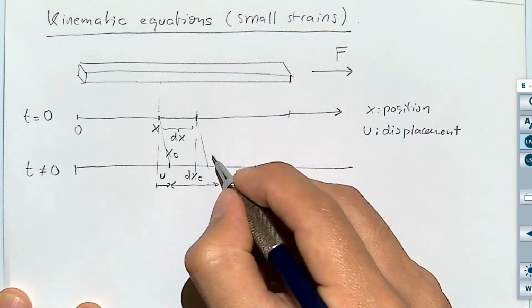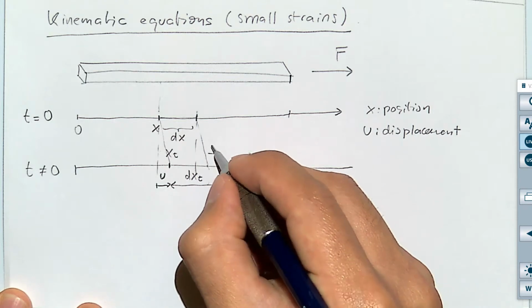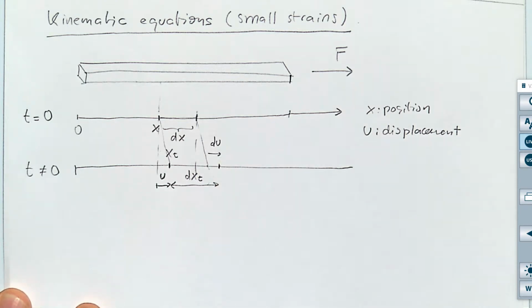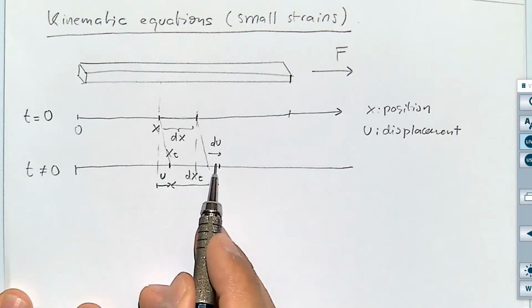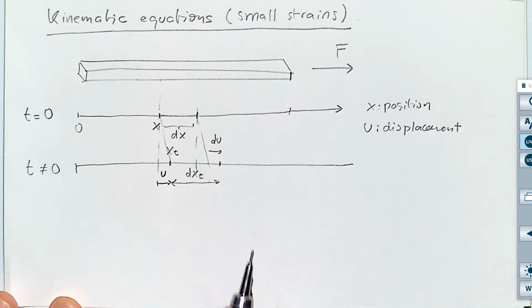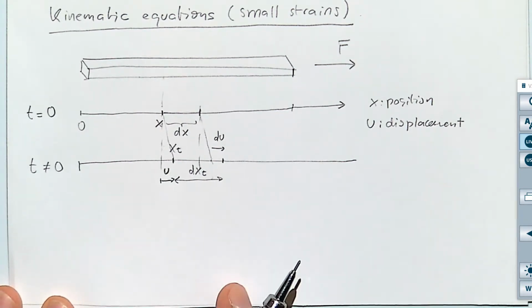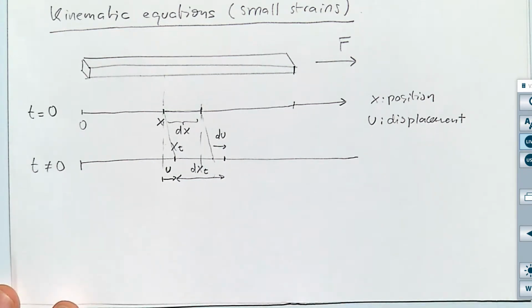This additional stretching is what I'm going to call du, the additional displacement within this section. So with all these quantities, now I can use them in order to calculate the strain.